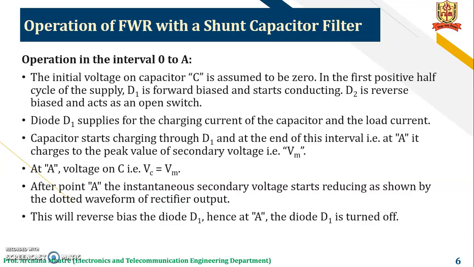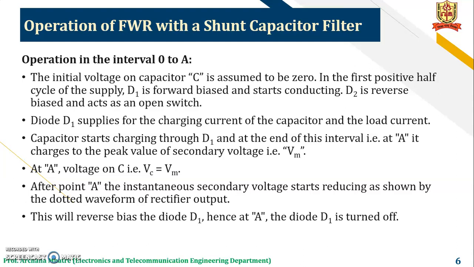Operation in the interval 0 to A. The initial voltage on the capacitor C is assumed to be 0. In the first positive half cycle of the supply, diode D1 is forward biased and starts conducting. Diode D2 is reverse biased and acts as an open switch. Diode D1 supplies the charging current of the capacitor and the load current.